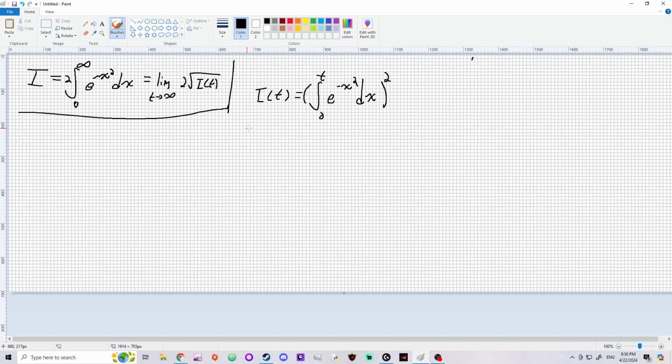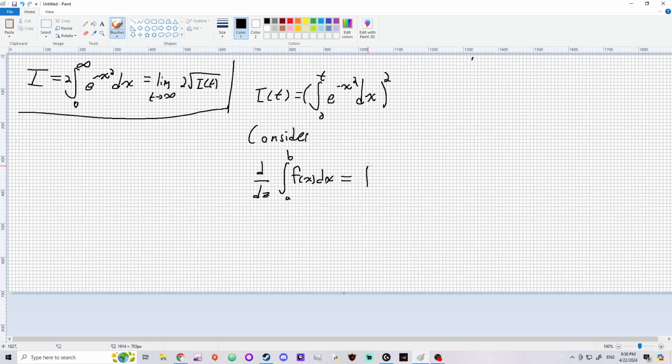I need you guys to remember, consider this fact: when taking the derivative with respect to some arbitrary variable of an integral from a to b of some function f of x dx, what does this equal?